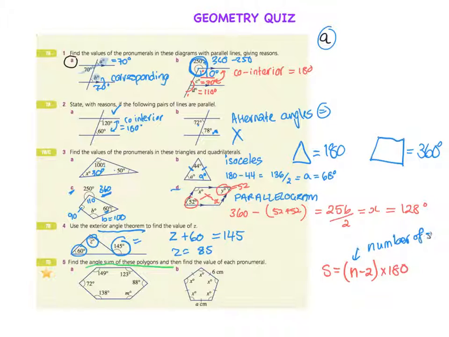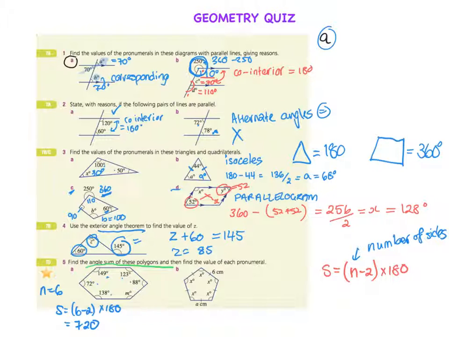So if you look here, what's this one's n? We've got 1, 2, 3, 4, what is it? 6. So if you're finding the sum, it would be 6 minus 2 times 180. So that's 4 times 180, which is 720. So all of these have to add up to 720.